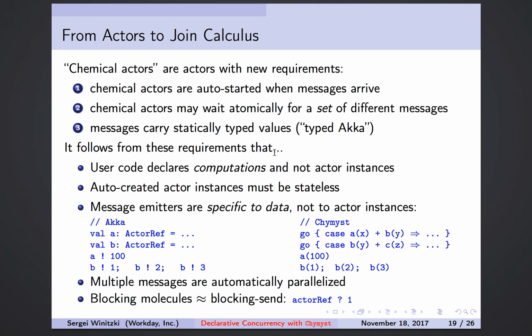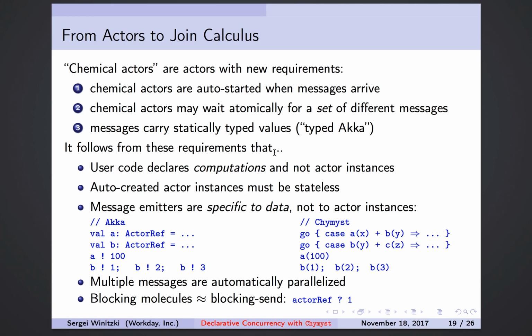Now, if you logically examine what follows from these requirements, then you find that the user code should not declare actor instances, but it should still declare computations that need to be done on each message. So the user code declares these computations in some way. Also, messages must be labeled to indicate which computations consume them.